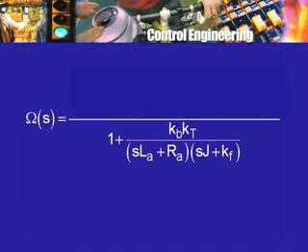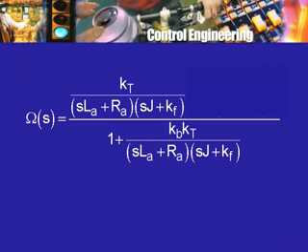In the numerator I have Ea multiplied by one factor, so Kt divided by SLA plus Ra into Sj plus Kf into Ea, minus the torque coefficient, which is simply 1 divided by Sj plus Kf, into torque.